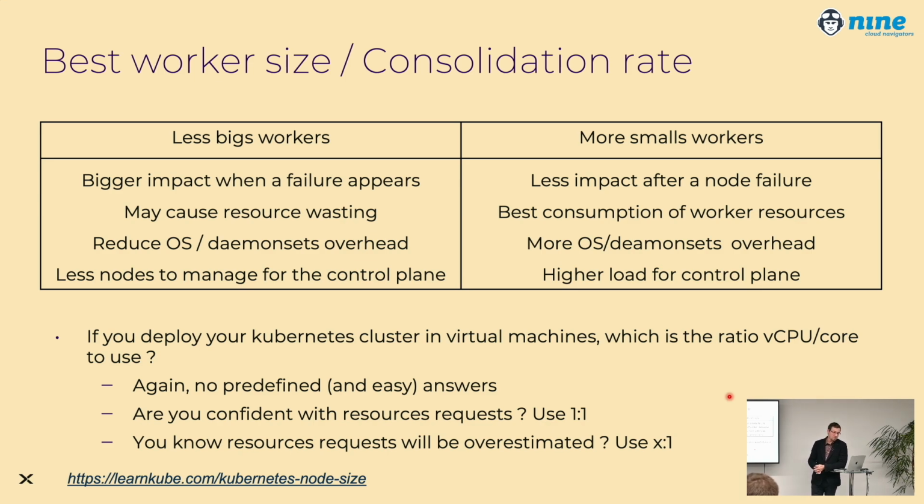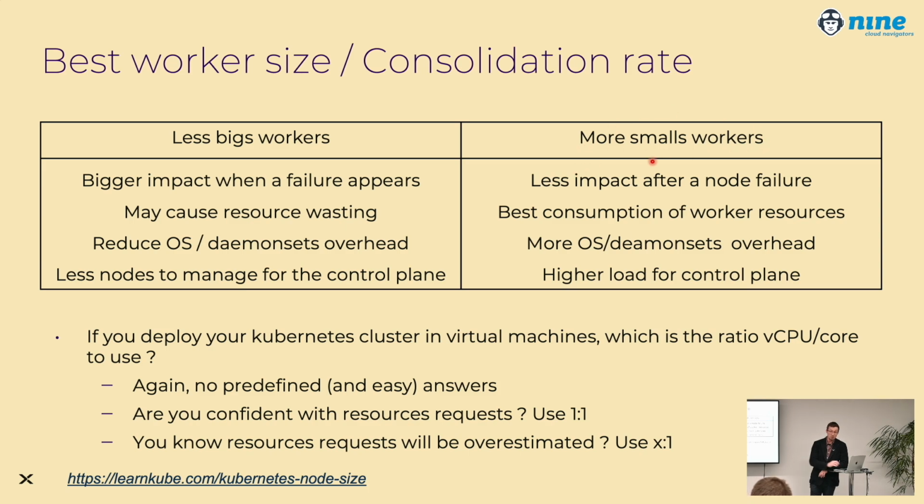It comes down to the equation of fewer big workers or more small workers. And that's up to you, right? So if you do have a worker node which is big and it's going to fail completely, it also may cause resource wasting.